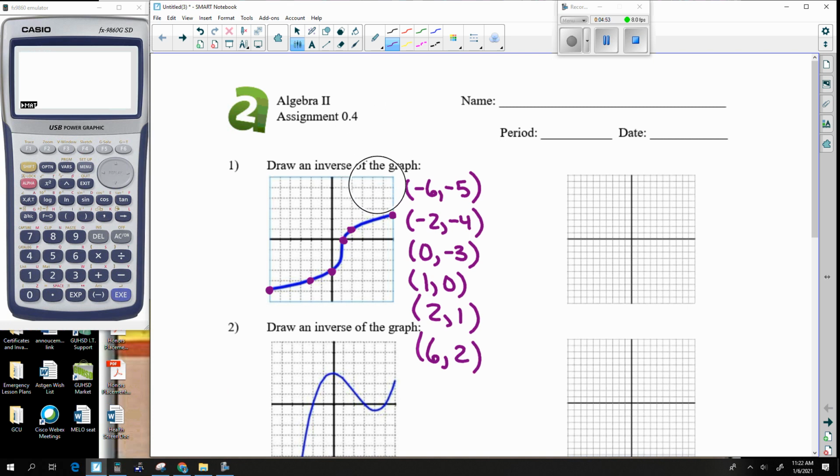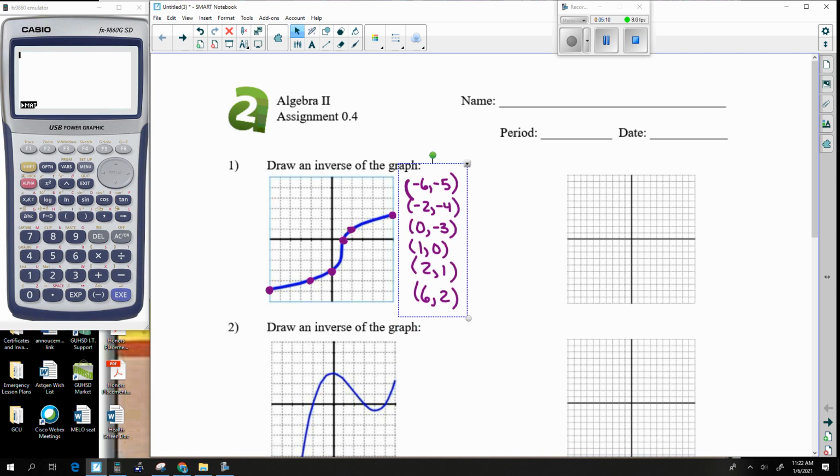Oops. Drop my eraser here. Okay. So these are the points describing this picture, and we are to graph the inverse of this. What I do to graph this inverse is I just take the inverse.